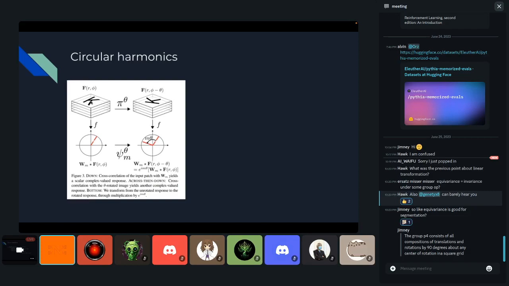If you rotate the original image around the point by some angle, and then cross-correlate it using the circular harmonic, you'll just get the same thing, but multiplied by e to the im theta. So rotating the original image around some point will also rotate the resulting complex number.